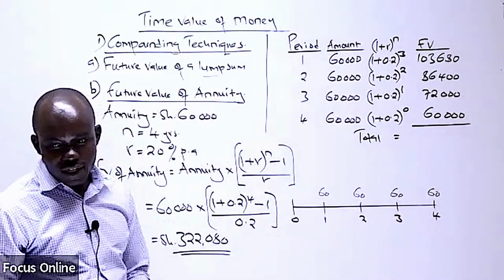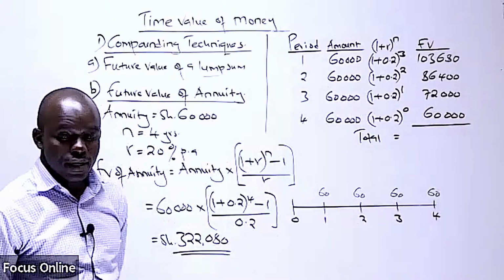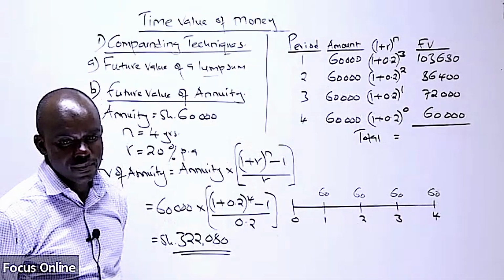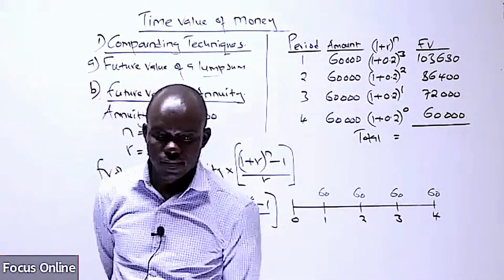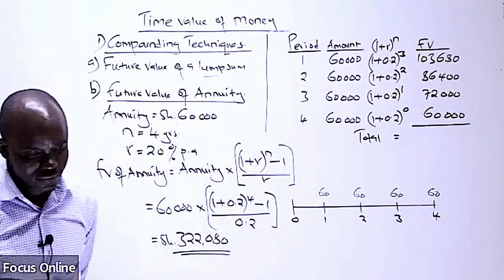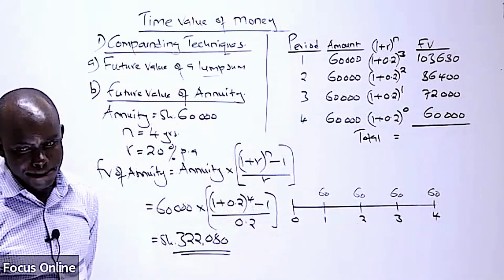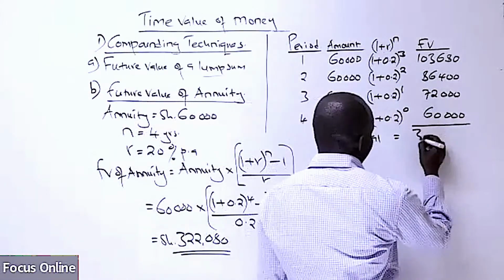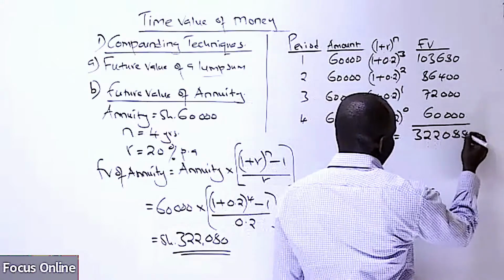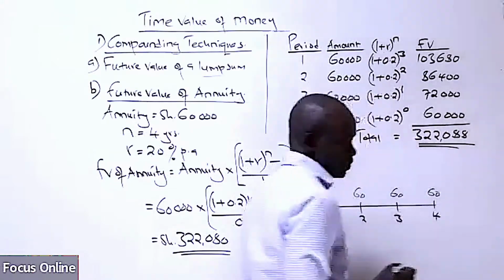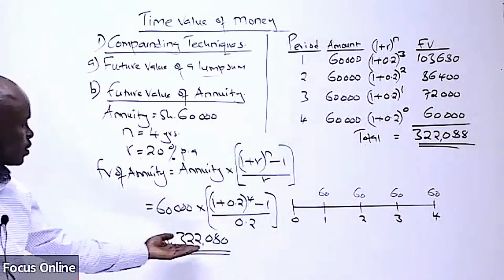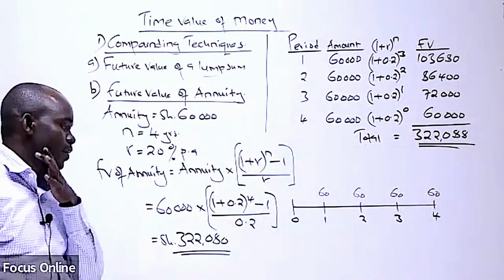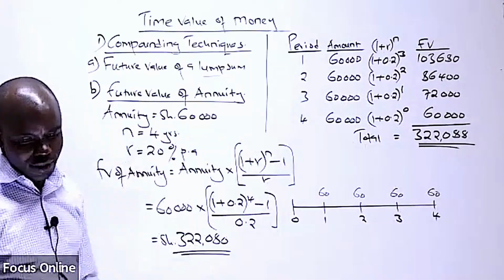So get the total. $322,088. So almost the same as what we have here, just because of rounding off, that's where there are differences. So is that okay? Let's proceed.